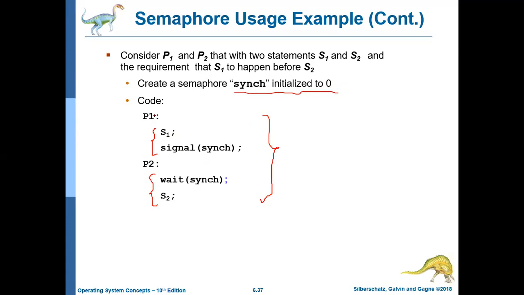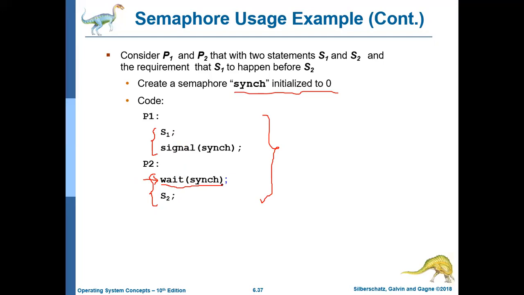Suppose these two processes are running simultaneously. What we want is for S1 to execute before S2. That's why we have written this kind of code. Now suppose P2 is executing very fast and we have entered here. Will it execute S2? No. First it goes to wait.